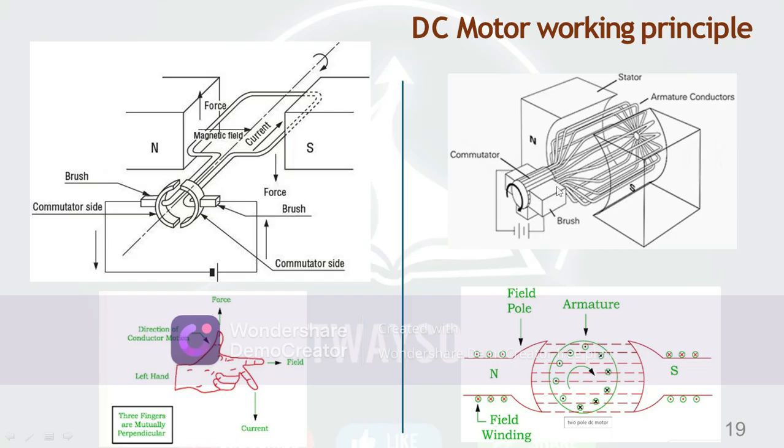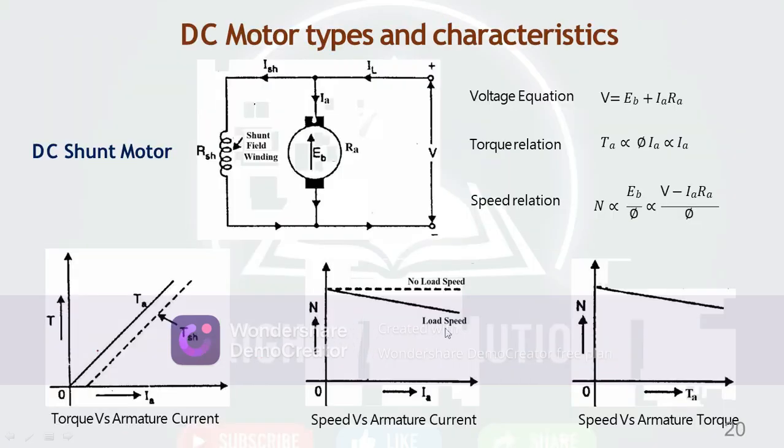The commutator takes the DC current and converts it into alternating current. The current passes through each and every bar of the commutator and armature conductor, which is placed in a magnetic field, so it starts to move as per the force given by Fleming's left hand rule.